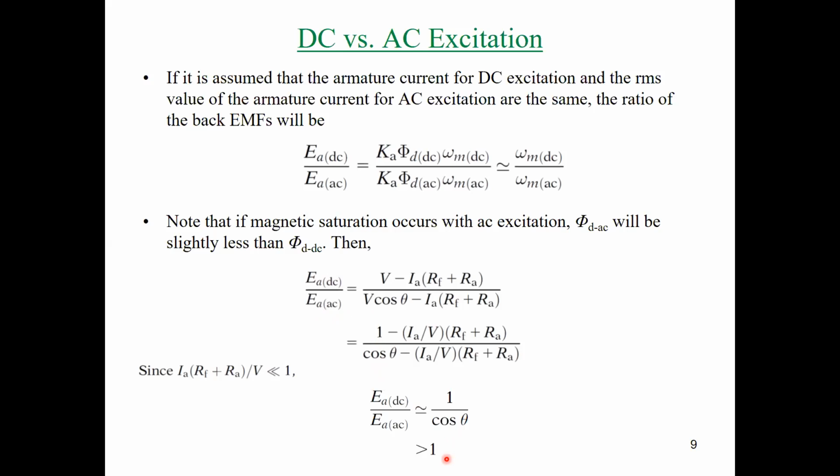This is very important and expected, because if you have a certain impedance and you supply it by DC voltage, and connect another identical impedance to an AC supply, is it expected to have higher current in AC or DC? This is a question for you.